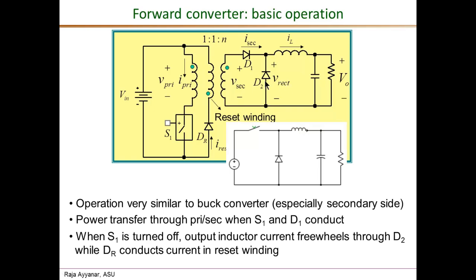And on the secondary side, again, when we go to the waveforms, we will see that V secondary is actually negative, the diode D1 is reverse biased, and the stored energy in the output inductor, just like in a buck converter, forces the diode D2, the freewheeling diode, to conduct, and so the inductor current completes its path through the load and this diode D2, again identical to a buck converter.